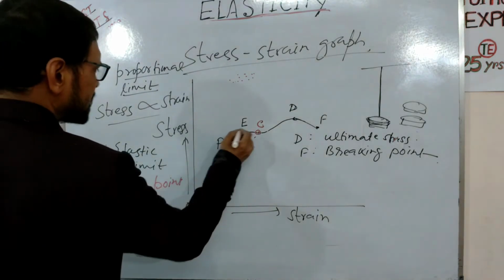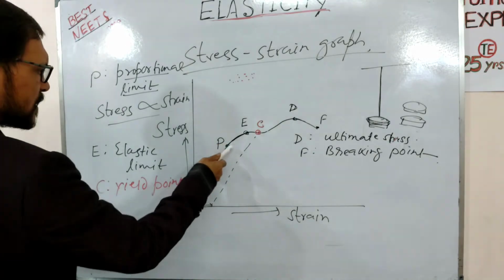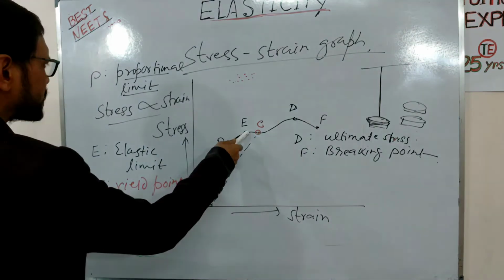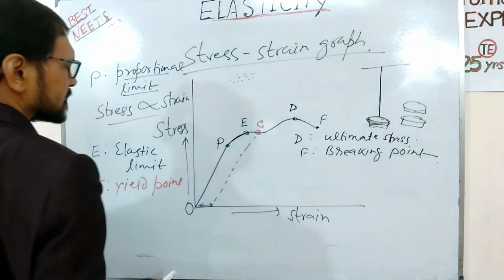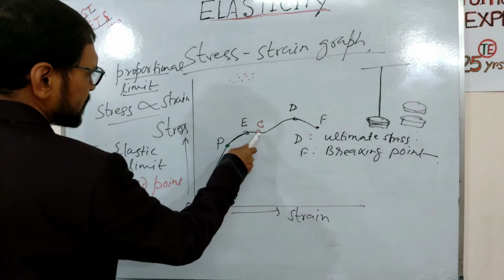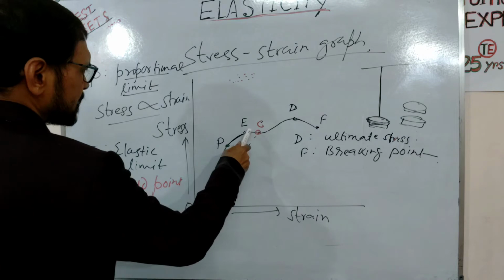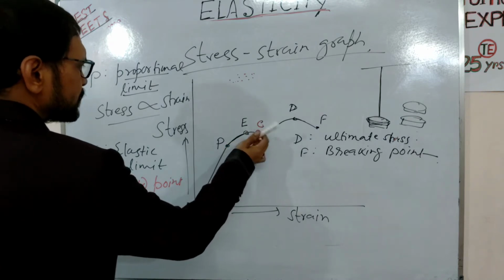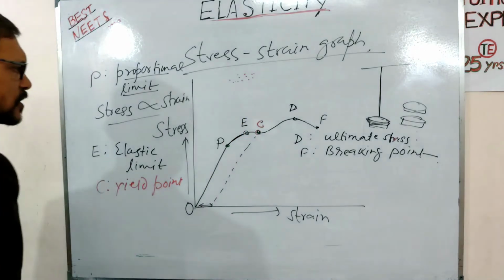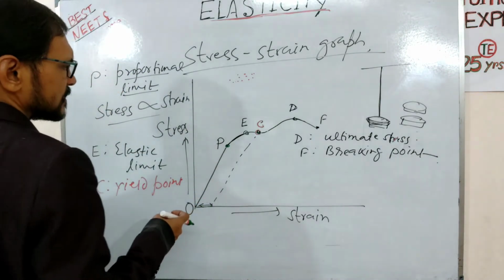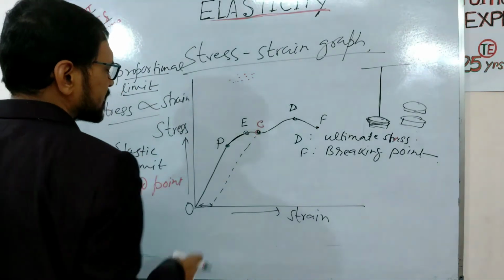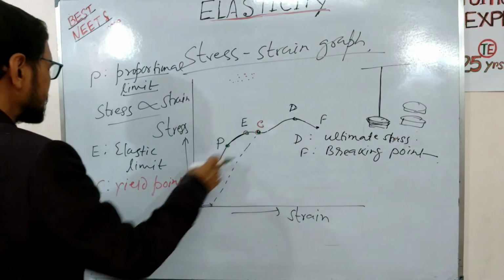Next is the elastic limit, that is, the body behaves elastically up to the point E. Beyond E, the body behaves like a plastic body, but there is a point beyond E, E and C being very close to each other. There is a point C at which the body behaves like fluid particles. The molecules of the solid behave like fluid particles. That point is called the yield point.